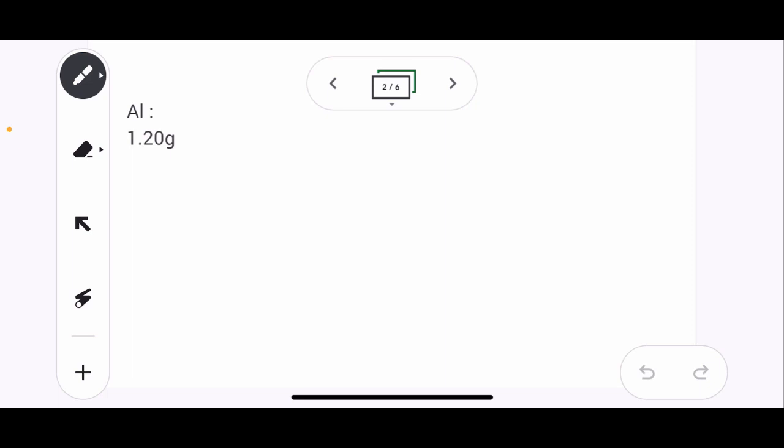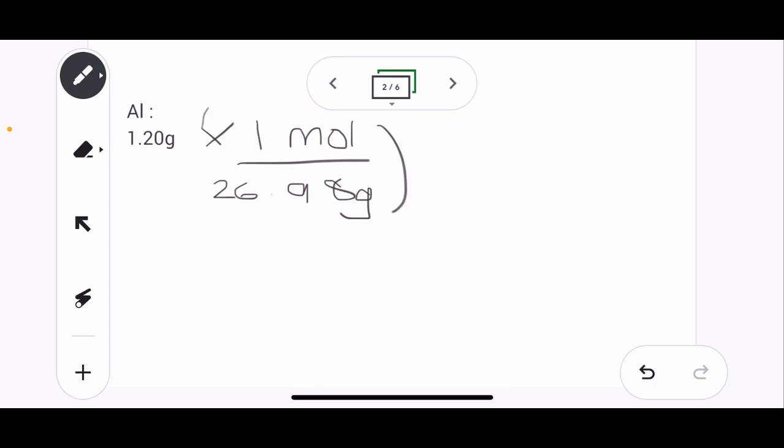So to do this, we are going to start with, again, the molar mass of the reactant. So it's going to be times 1 mole, and we are going to divide that by its molar mass, which is 26.98 grams of aluminum, and that is one bracket. So that's the molar mass of the reactant.